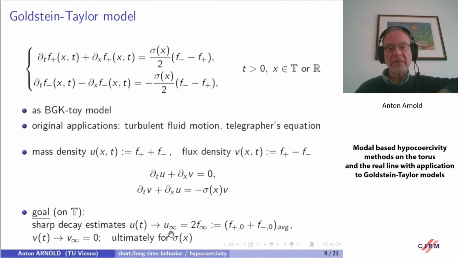So the U infinity is the constant, x independent, that is twice the F infinity, which is defined as the average of the two initial conditions. So just take the initial condition for the plus and the minus family and take the spatial average. This is the constant that the mass density will converge to, and the flux density will converge to 0. First, I will discuss that for constant sigma, which is the easy case, the very well-known case, and then I want to use these ideas for x-dependent relaxation rates.